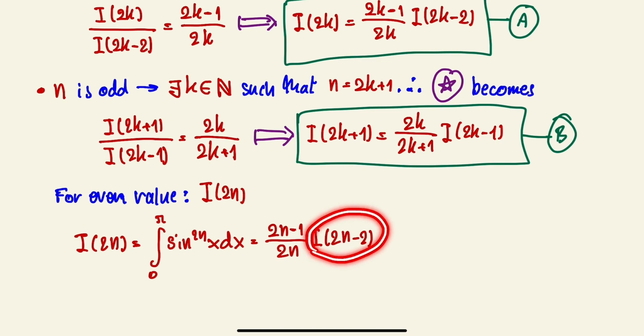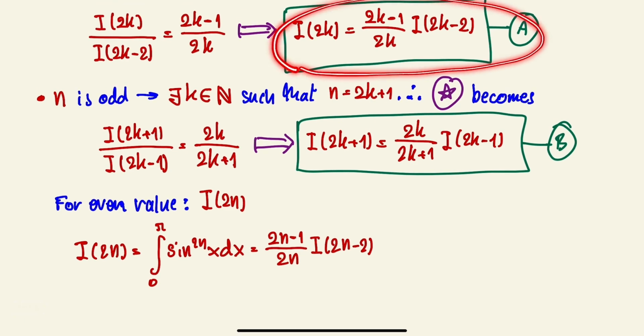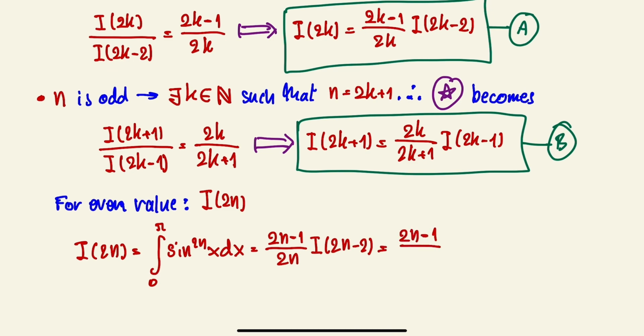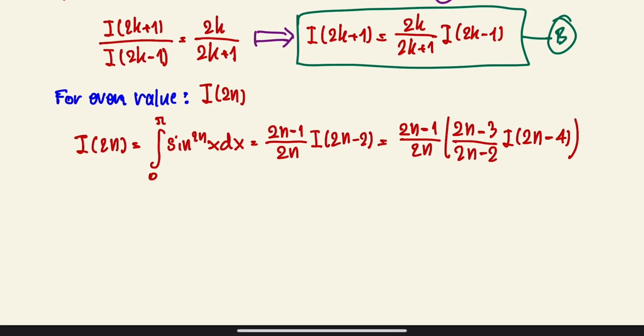Plugging in the recurrence relation again, it becomes 2n minus 3 over 2n minus 2 times I of 2n minus 4, and we continue all the way to the last value.